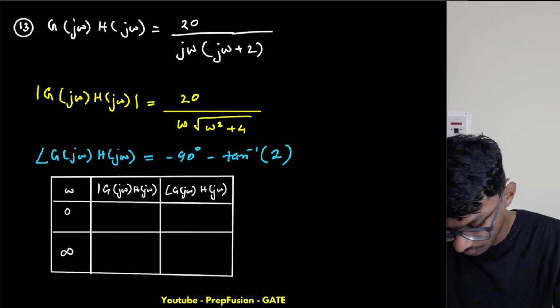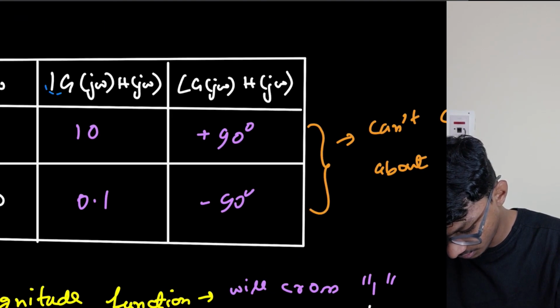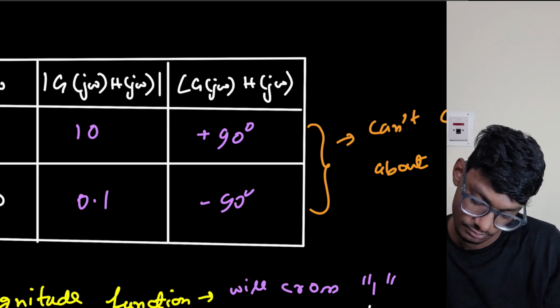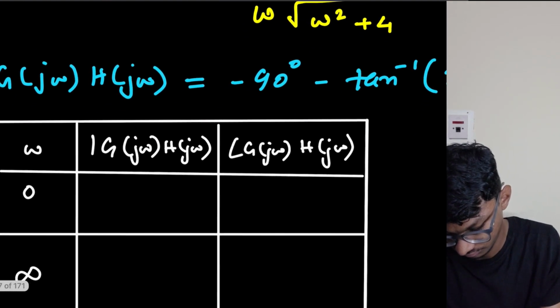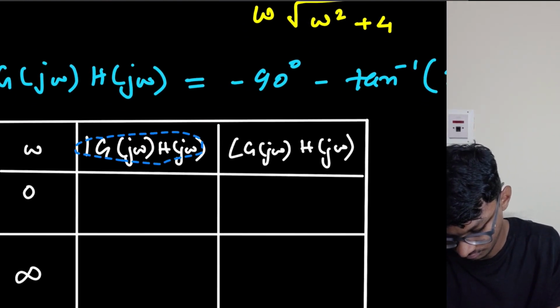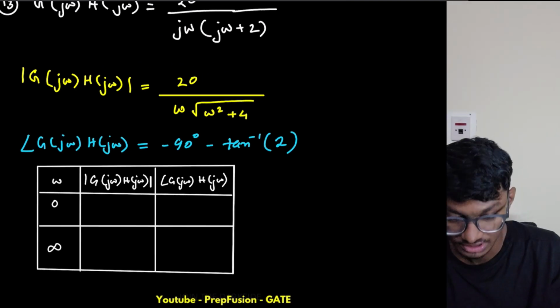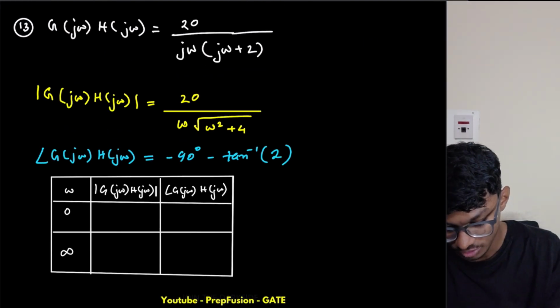So basically, did I do the magnitude here? I didn't complete the bar here, right? What is the magnitude as omega goes to 0?